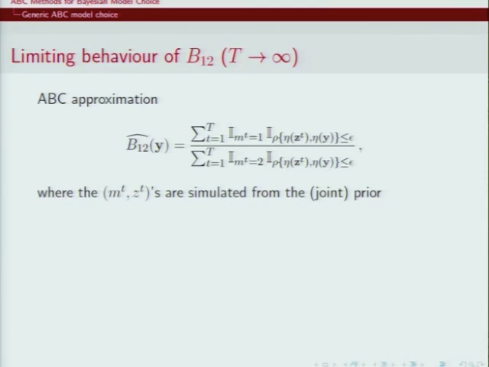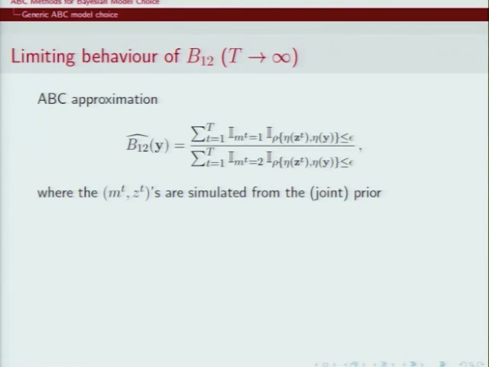So just in a few slides, let me show you the limiting behavior of the Bayes factor based on the ABC outcome. If we start from the practical approximation to the Bayes factor when comparing model 1 and 2, we are simply taking the ratio of the frequencies of acceptance of model 1 over acceptances of model 2.